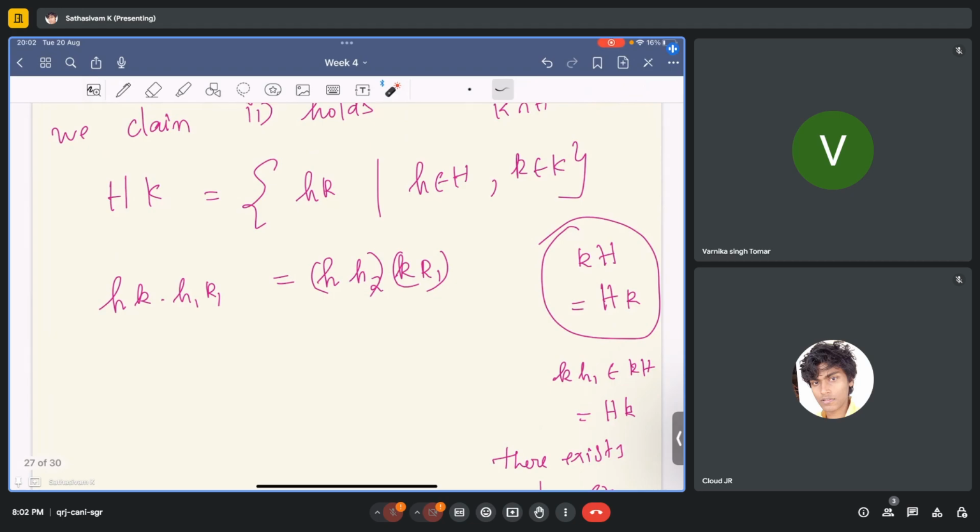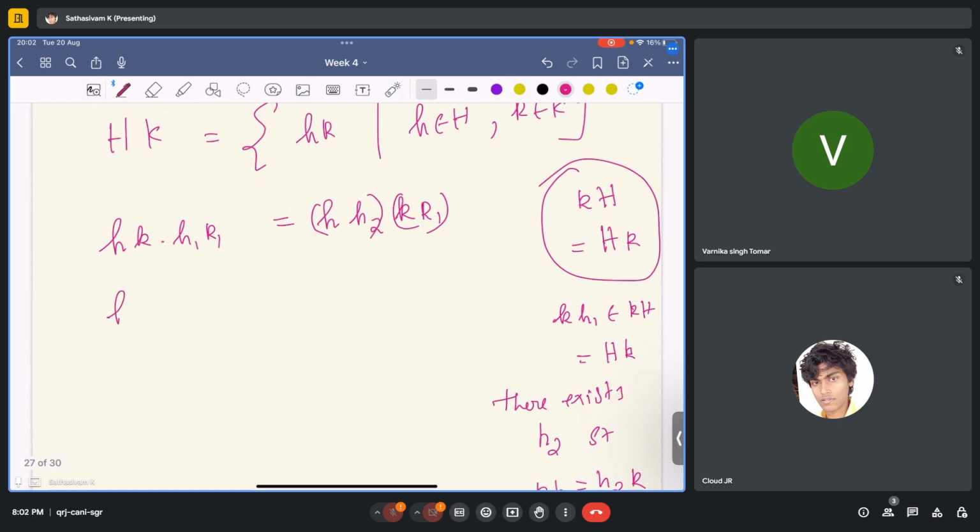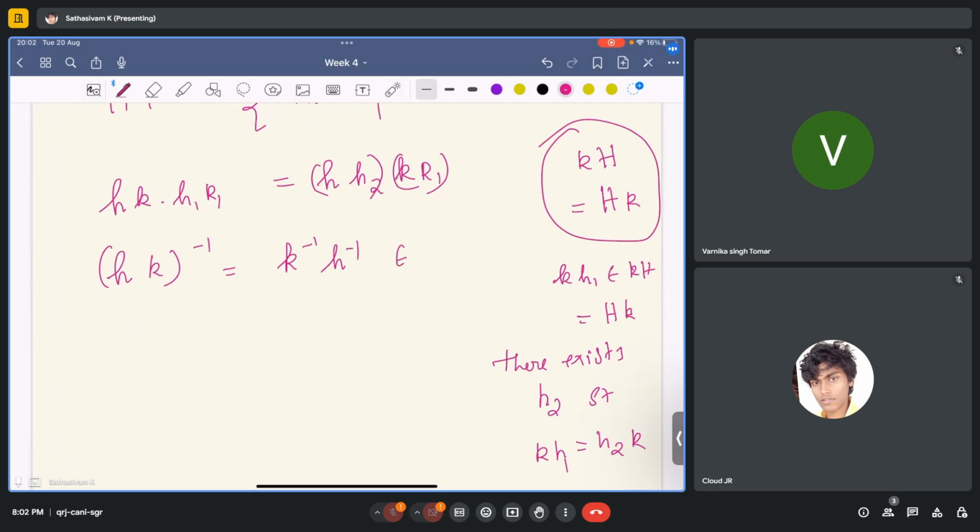Now you have to see the inverse also. Probably I will do the inverse too, because you know that if you have closure and the inverse, then it is a subgroup, right? Closure we did. Let's do the inverse also. Take the inverse of hk. This is nothing but k inverse h inverse, which belongs to K inverse H. But H is normal, so this is equal to H K inverse.